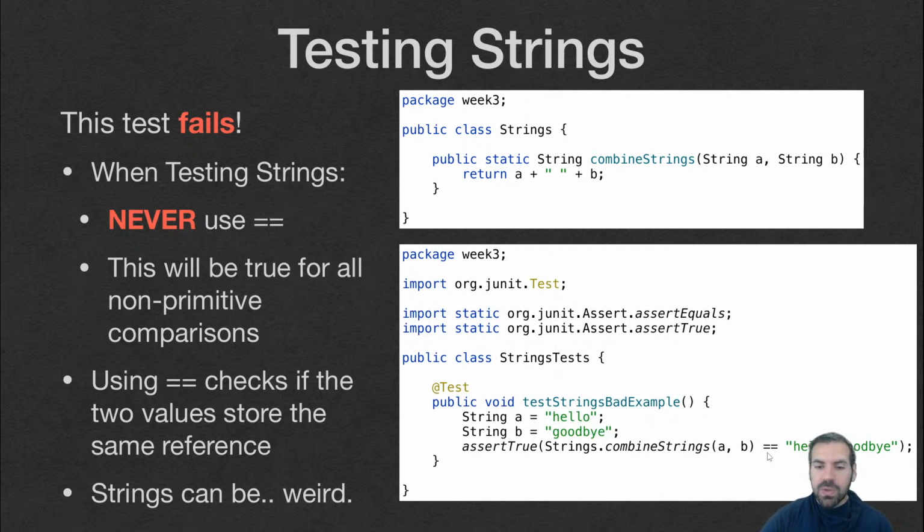And what's worse with strings is that strings are weird in Java. They're immutable. I'm not going to go down that rabbit hole unless somebody wants to talk about immutability. They do behave weirdly, and sometimes two references will refer to the same string, magically.